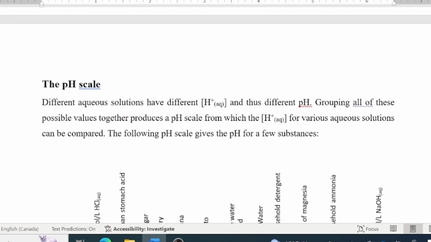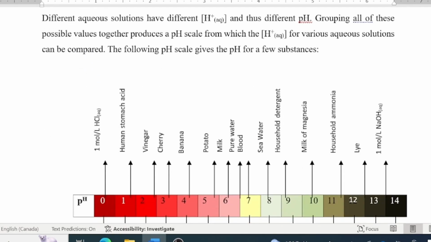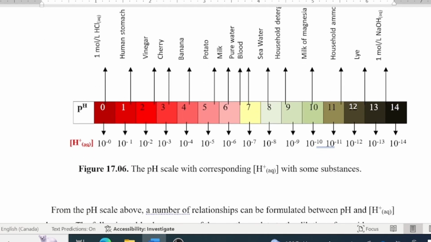The pH scale now, this is a pH scale. The pH scale tells us if a solution is neutral, acidic, or basic. If it is acidic, it also tells you to what degree it is acidic. If it is basic, it tells you to what degree it is basic. So watch this.